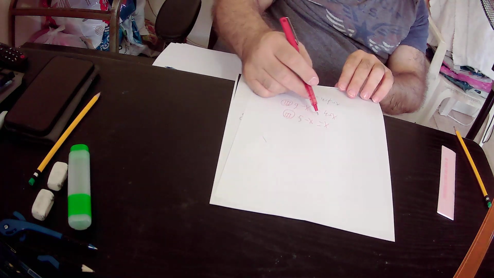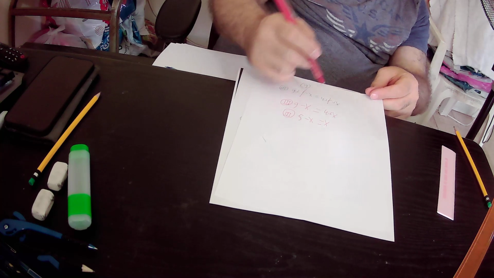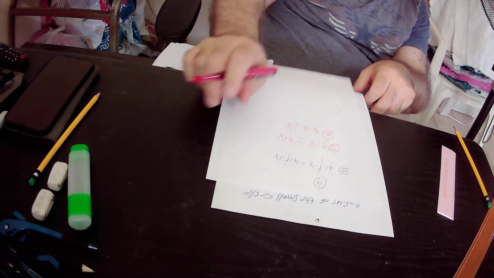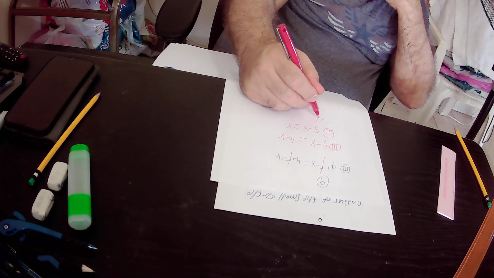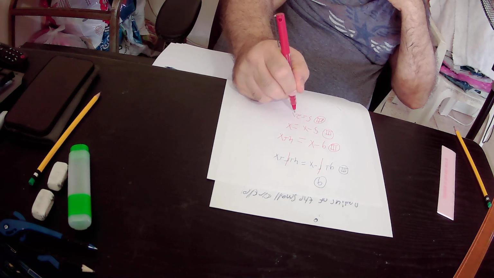Here we will add x to this equality and we will get that 5 equals 2x.